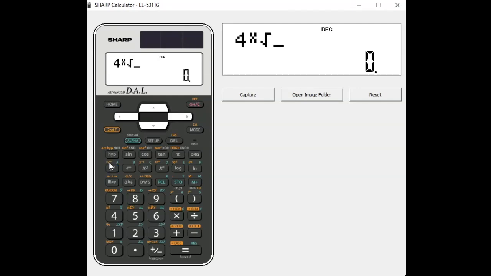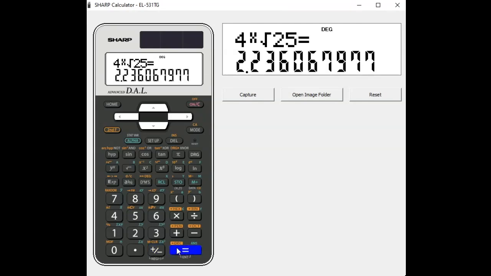Above each one, it'll have the button that it can be if you hit second function, if that makes sense. So the second function allows me to access anything that's in orange. So I hit 4, second function, this button, and then let's say 25. That's going to give me an answer of 2.236. We'll talk a bit about rounding throughout this course, but that is the button for the x root.